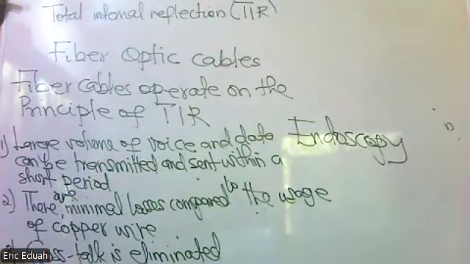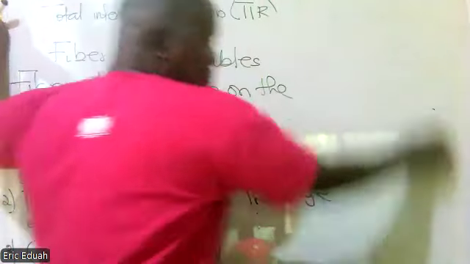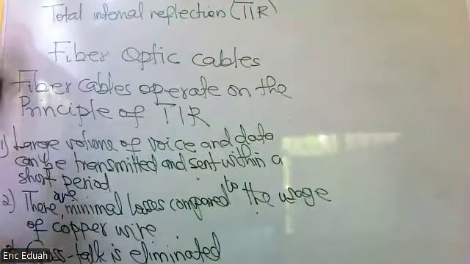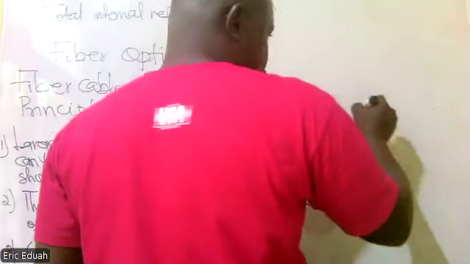Then another application of total internal reflection is the use of the prism periscope. Please, we have mirror periscopes, but here I'm talking about the prism periscope.